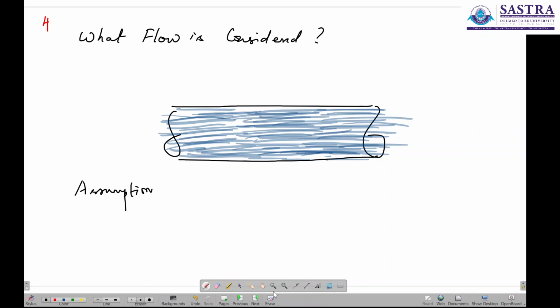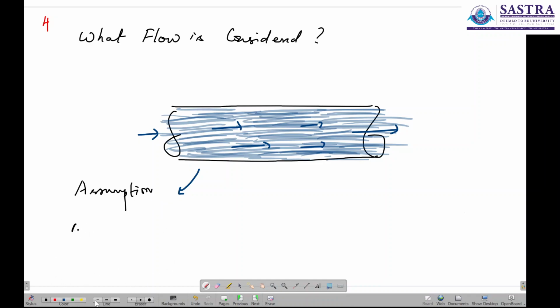As shown in this schematic sketch, let's consider a cylindrical cross section pipe, and the flow is in this direction from left to right. So you have a flow primarily occurring through this pipe. From this schematic sketch, I am very sure you will be able to identify or list the assumptions.